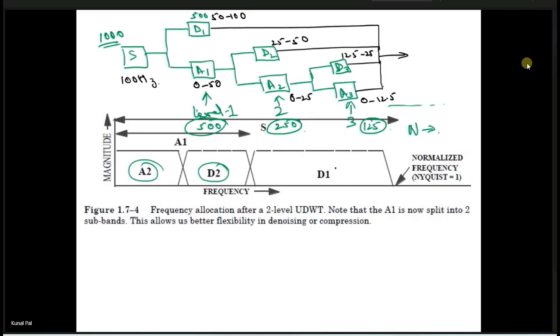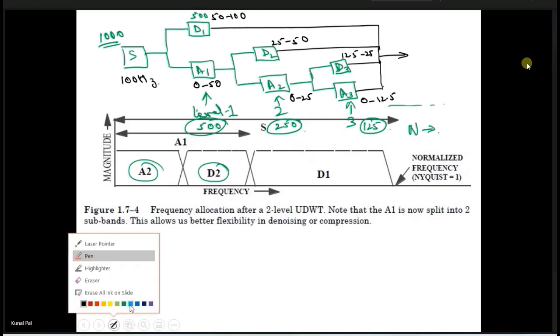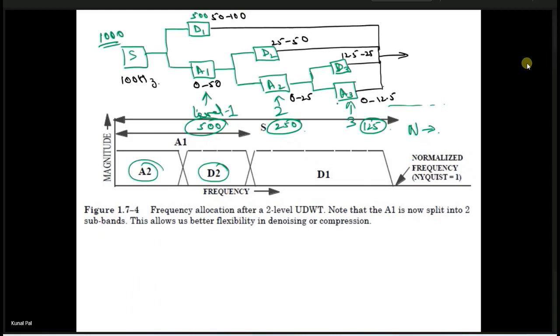Now, when you are trying to rejoin it, you are rejoining A3 and all these. So see, 0 to 12.5, 12.5 to 25, 25 to 50, 50 to 100. So in S dash, you will have all the frequency components in the range of 0 to 100. Now suppose you want to apply a denoising technique in the wavelet transform.